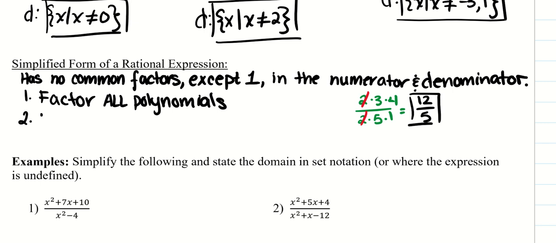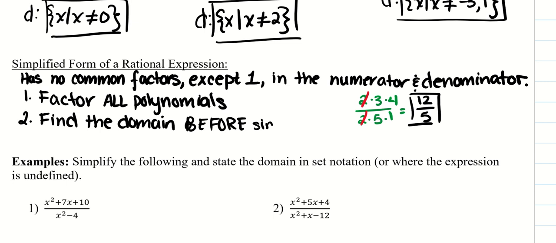And then my second step is to find the domain, and you're going to use the original function or the original factors of the polynomial to find the domain before canceling, before simplifying. And then step 3 is to cancel your common factors.